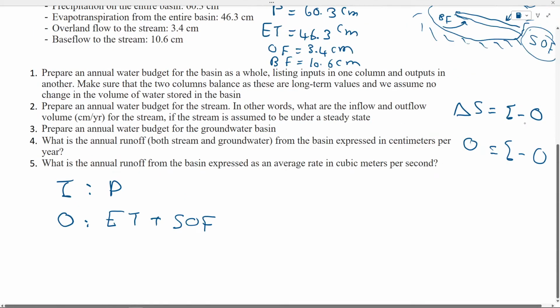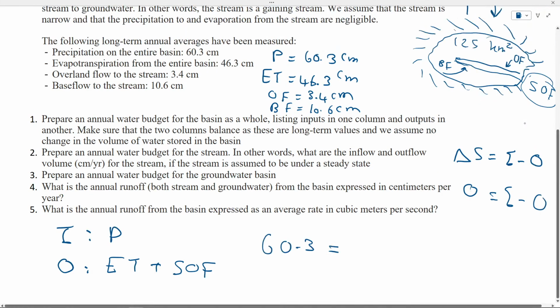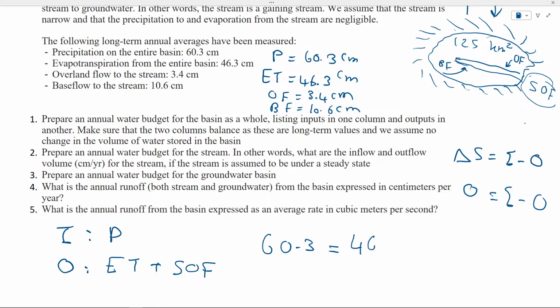So in one column, let's look, we have 60.3, and in the other, 46.3 plus the stream outflow. What is the stream outflow?